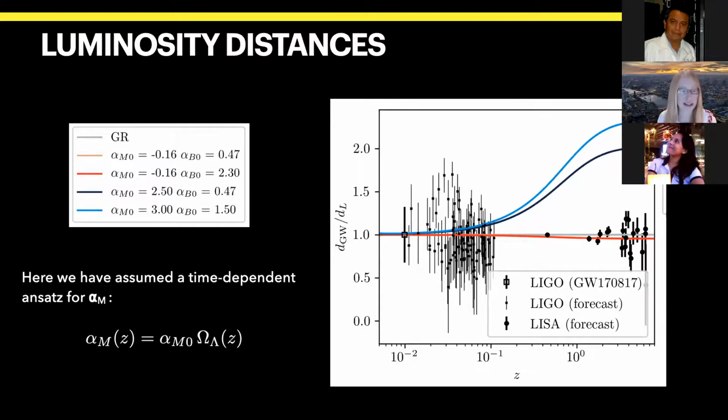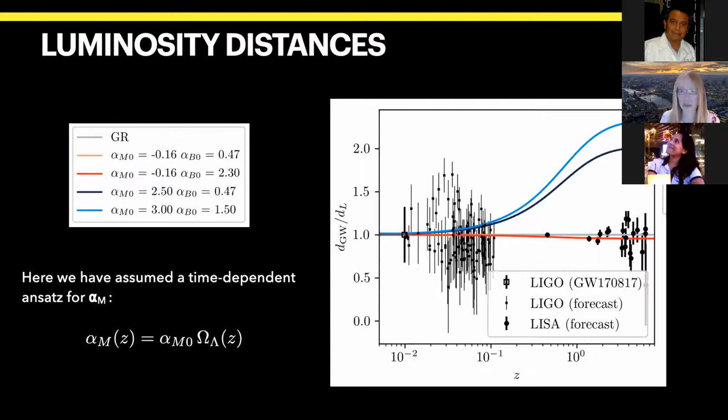Behind the scenes here, I've had to assume some particular redshift dependence of the alpha_n parameter, but that's just a modeling choice I have to make to draw a plot. I've got some mock data points on here, and there's only one real data point, which is of course from GW170817. That's the only object we've detected so far that has a confirmed electromagnetic counterpart.